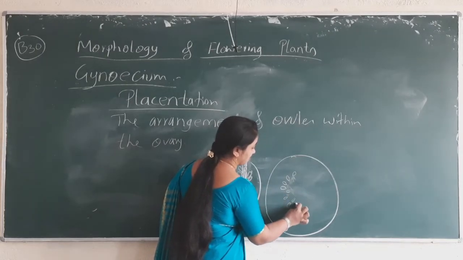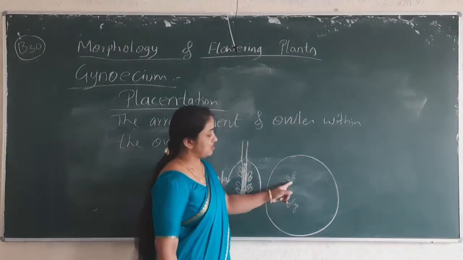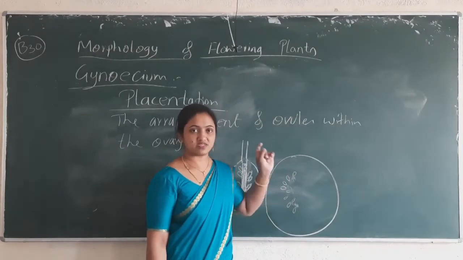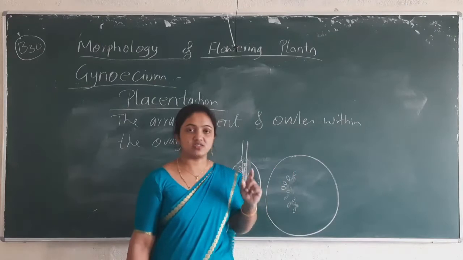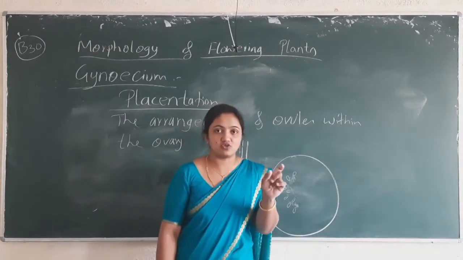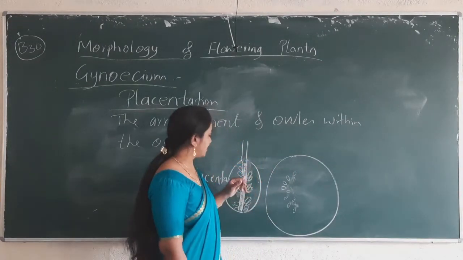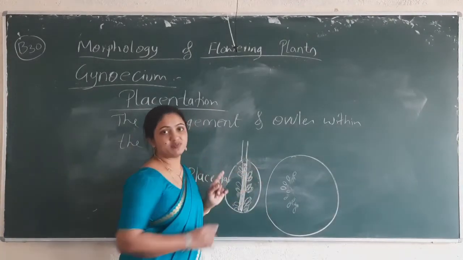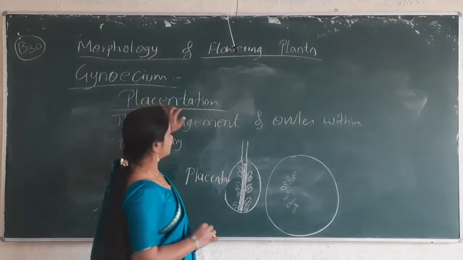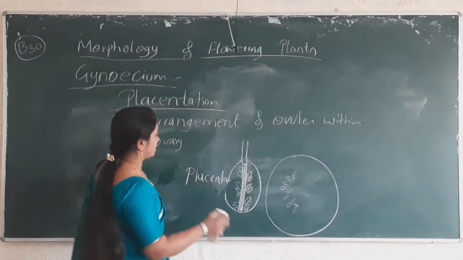A white color tissue will be present. That is nothing but placenta. The structure onto which the ovules get attached is known as placenta. And this arrangement is known as placentation.